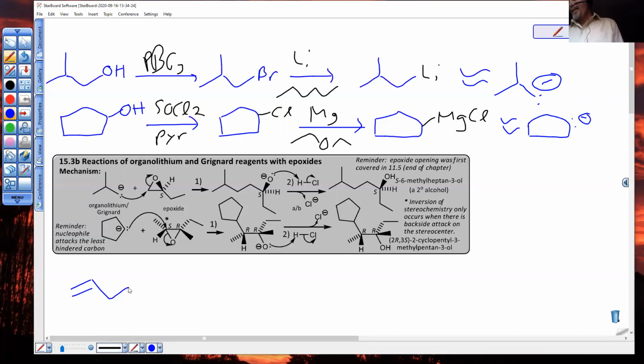If I react this with a per acid such as meta-chloroperbenzoic acid, which you can read about at the end of chapter 11, you get a mixture of two enantiomers, 50%, 50%.